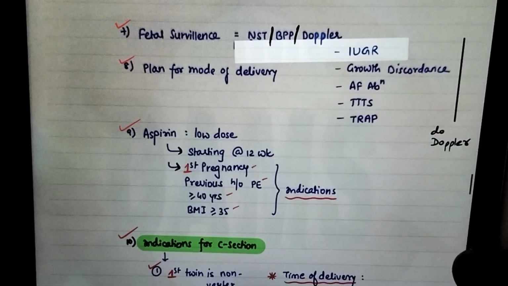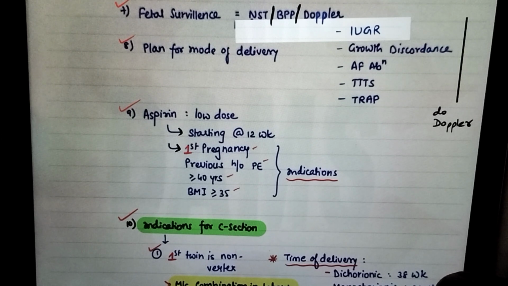For fetal surveillance, we will do non-stress test, biophysical profile or Doppler. We should plan for mode of delivery. In case of IUGR, growth discordance, twin-to-twin transfusion syndrome and TRAP, we have to do Doppler.